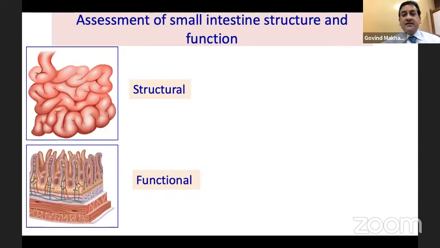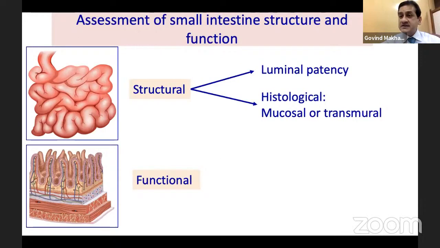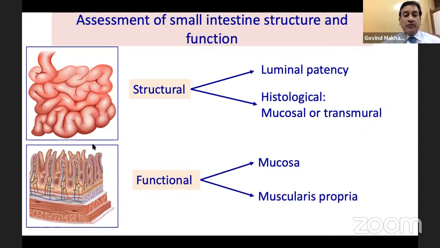As I said, you always want to look at structural disease, look at the patency of the intestine, and look at the microstructure of the GI tract, upper GI or lower GI, by doing endoscopic biopsies. Mostly mucosal, sometimes transmural. And functional, we know, of the 4 layers of intestine, 2 layers are functional units: the epithelial layer, that is the mucosa, and the muscle layer.